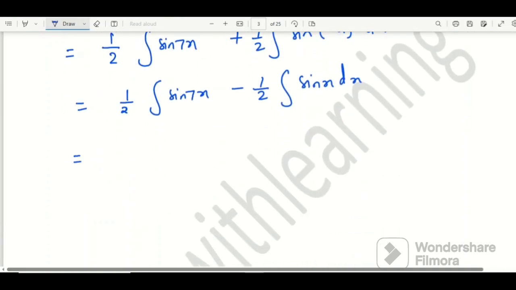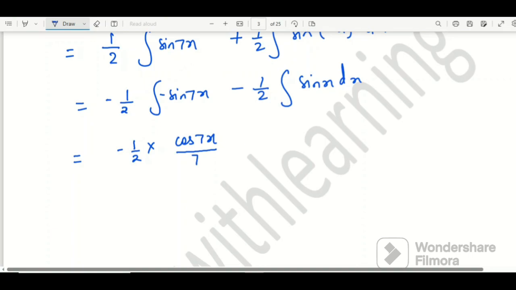And we know that differentiation of cos theta is minus sin theta. So I need to multiply minus outside and minus inside. So integration of minus sin 7x will be cos 7x. But 7 is there in multiplication with x. So once I differentiate this 7x, I will get 7 outside. So I'll divide by 7 in the denominator.